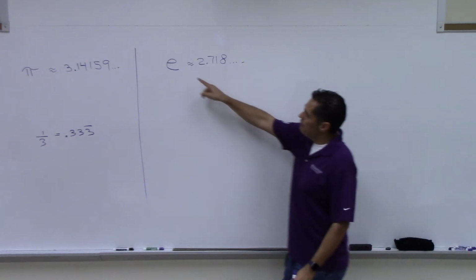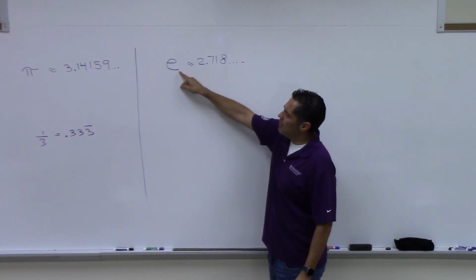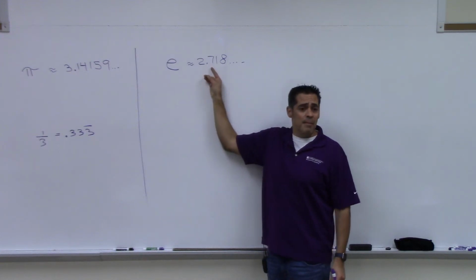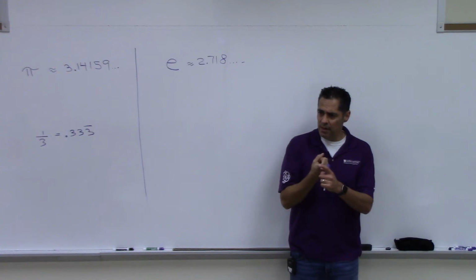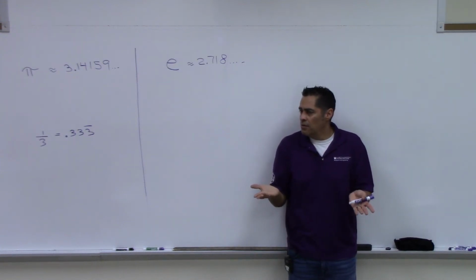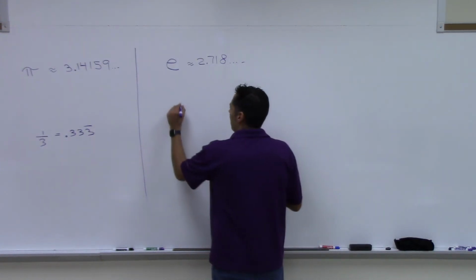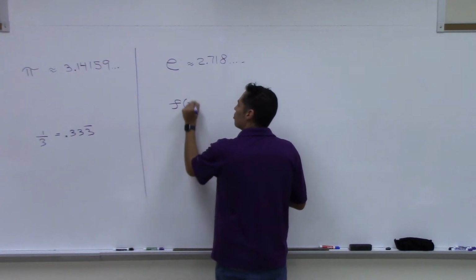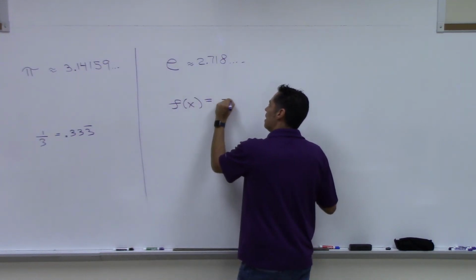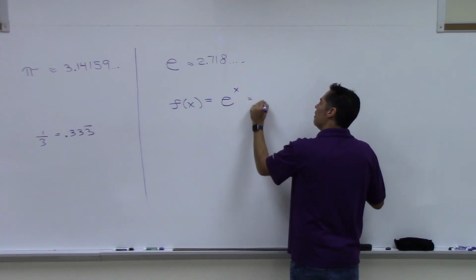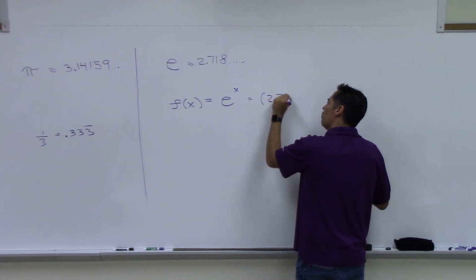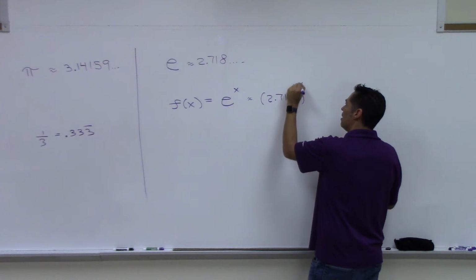Because e, if you agree with me here, can be the base of a function, because this number 2.718 is positive and it's not 1. So in theory, I could define a function f of x to be e raised to the x, which really just means 2.718 to the x approximately.